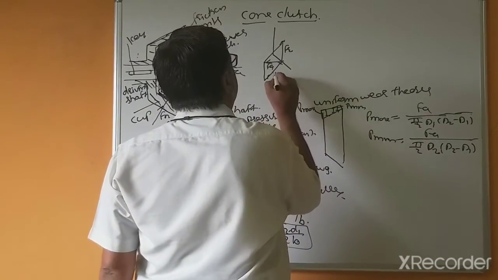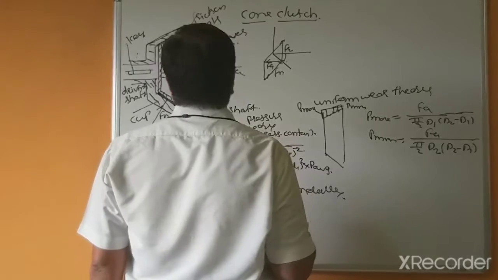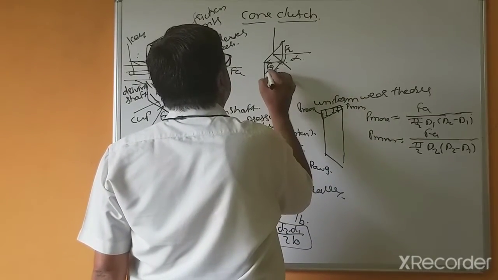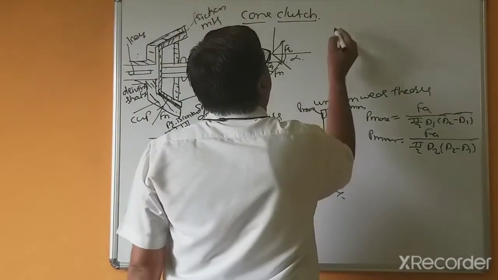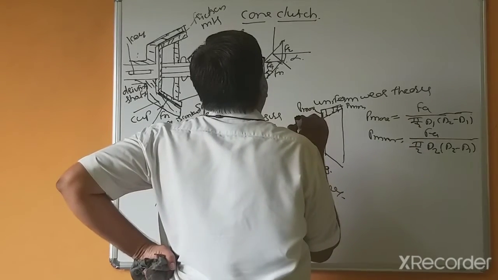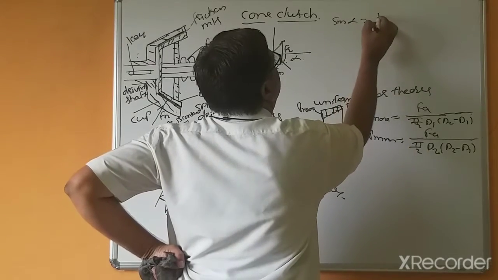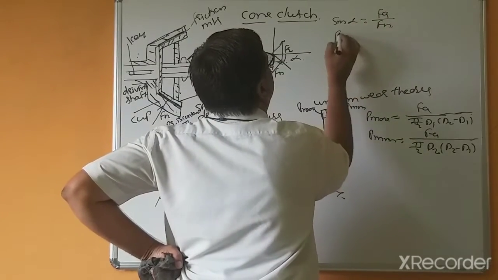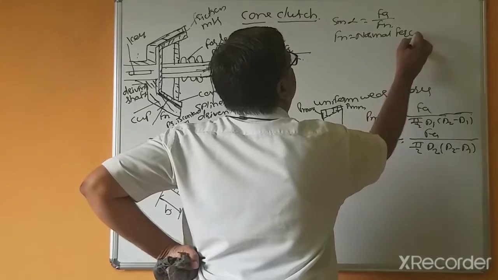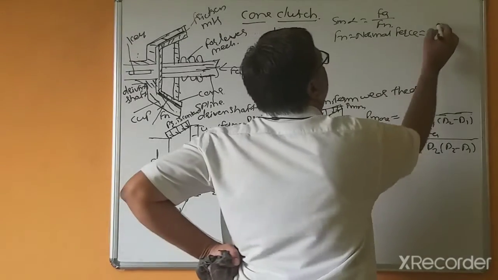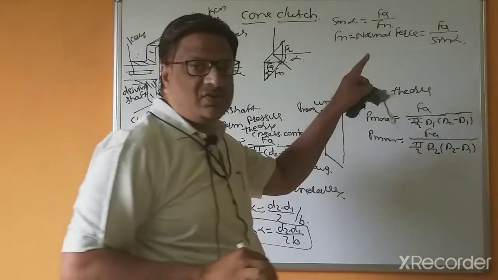You can draw the force diagram. This force is the normal force, and this inclination is equal to alpha, so this is also alpha. So sine alpha equals Fa divided by Fn, or Fn, the normal force, equals Fa divided by sine alpha. So try to understand this.